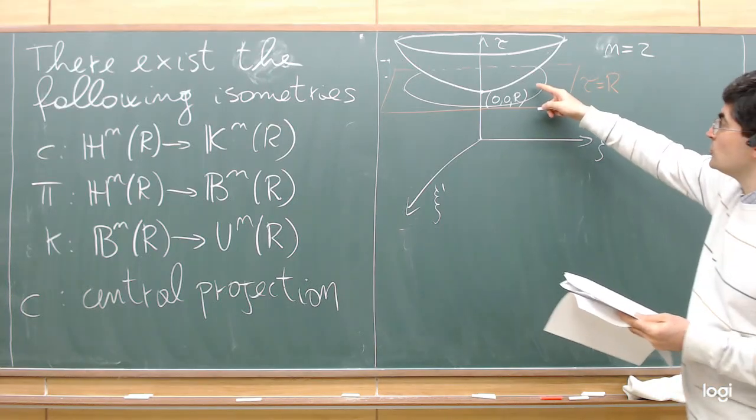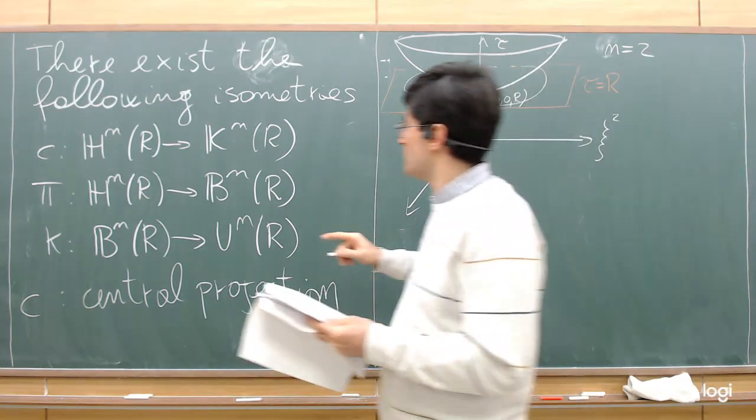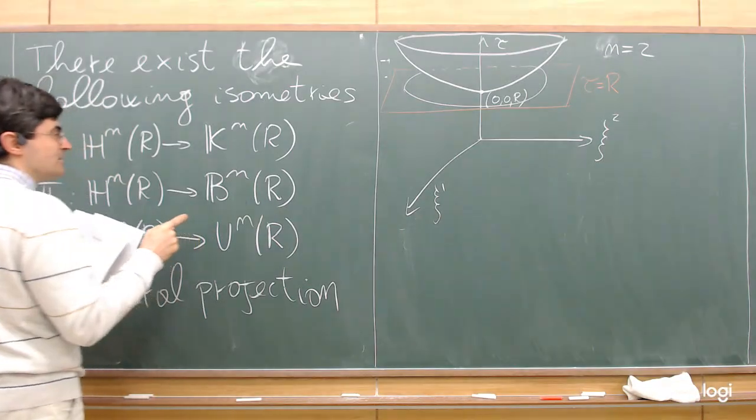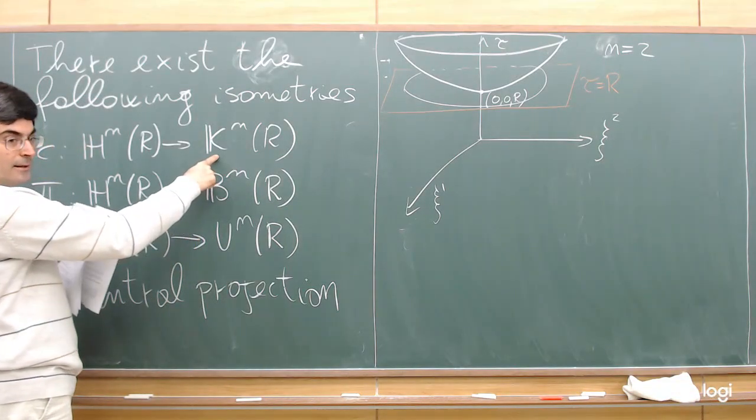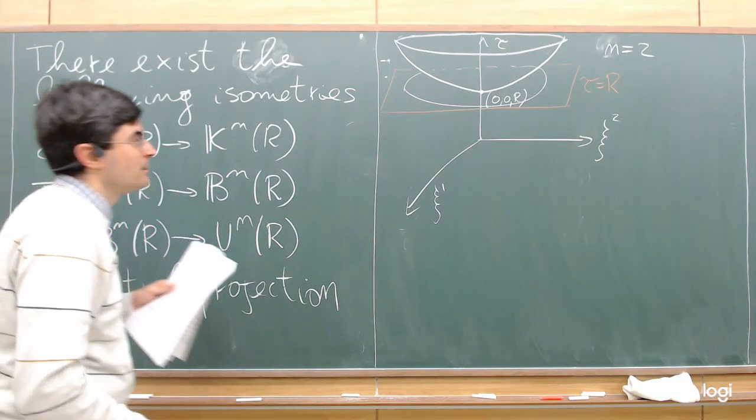This is the disk which is the underlying set we used for defining K^n_R.